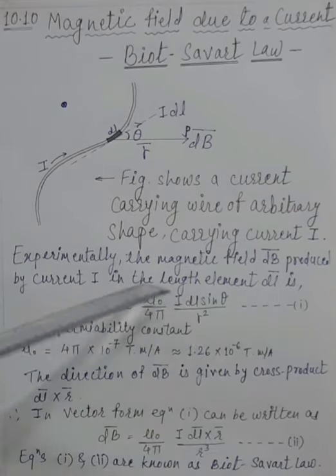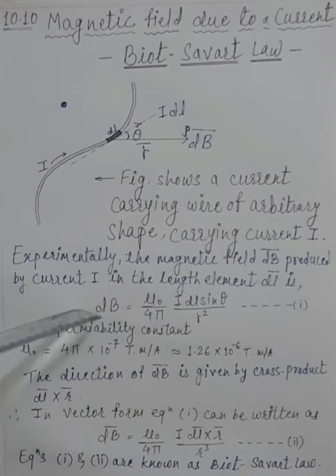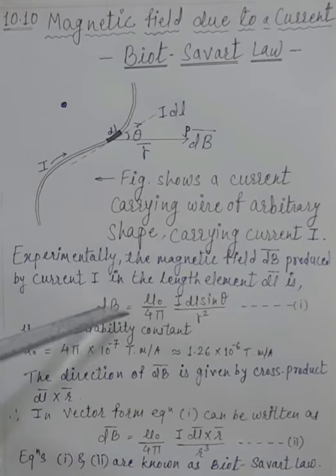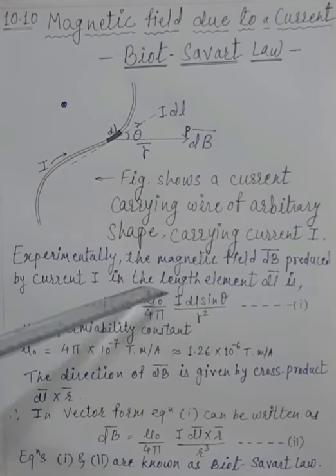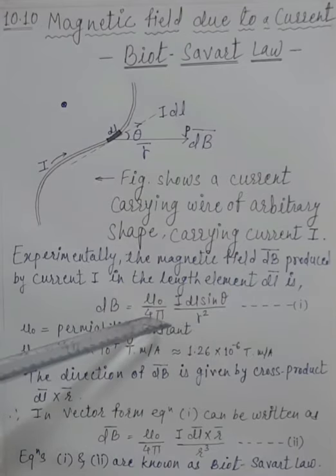Now from this equation we can state the Biot-Savart law. How can we state it? See, this term mu 0 upon 4 pi is a constant.